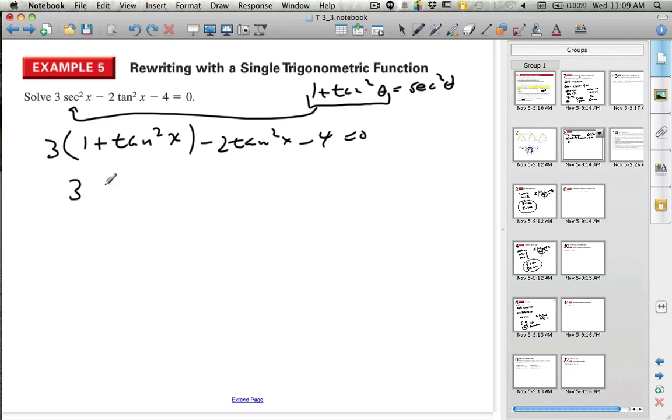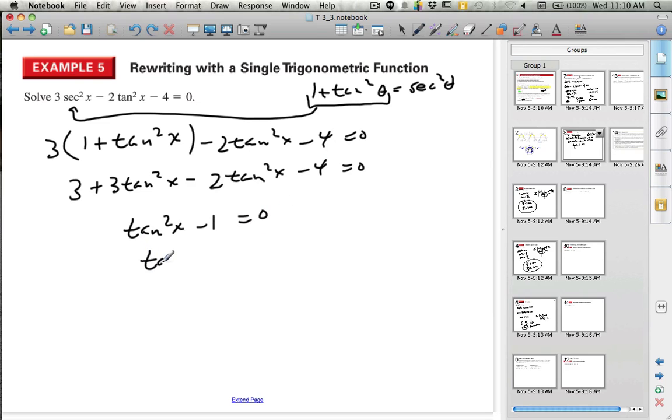If I distribute the 3, I'll get 3 plus 3 tangent squared x minus 2 tangent squared x minus 4 equals 0. 3 tangent squared x minus 2 tangent squared x is just tangent squared x, and 3 minus 4 is negative 1.